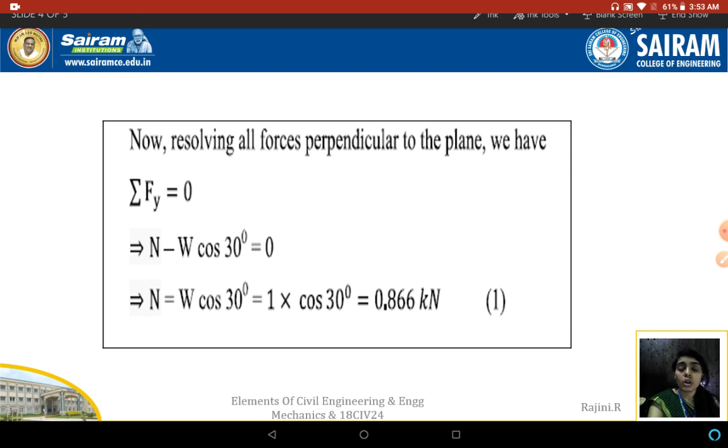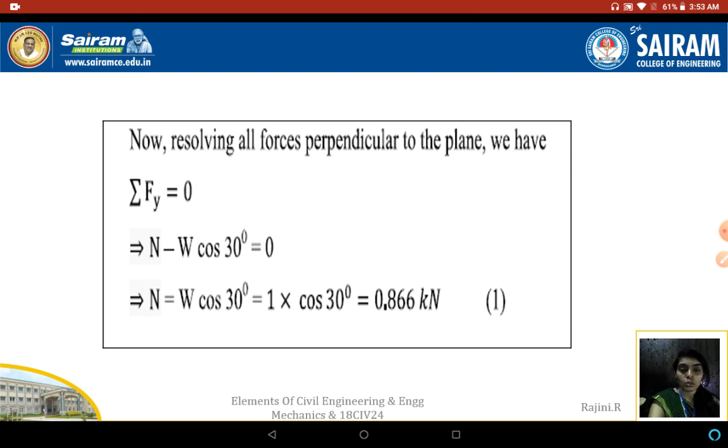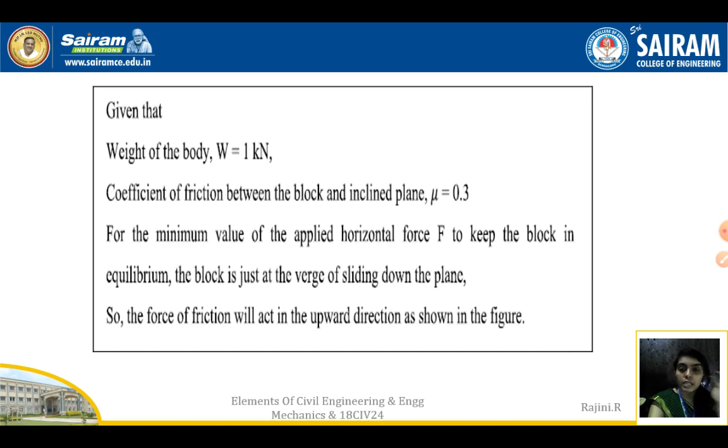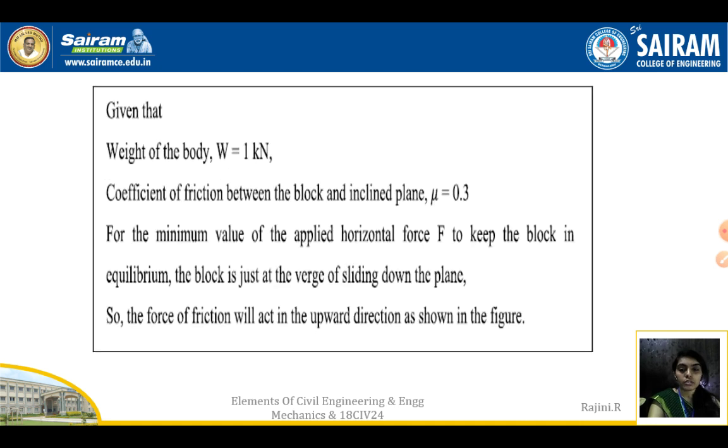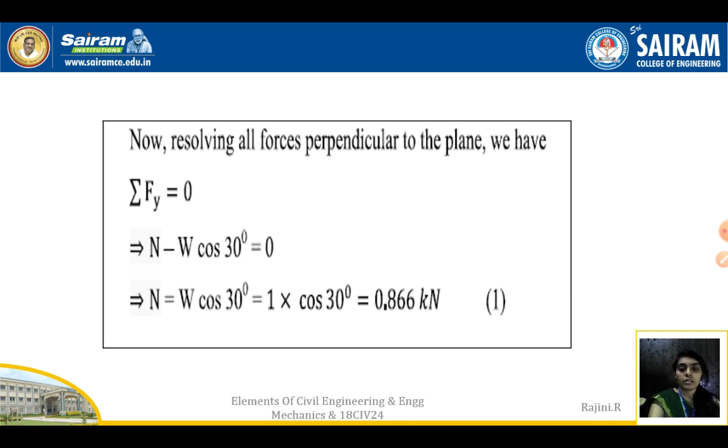Collect all the vertical forces: plus N minus W cos 30 degrees is equal to 0.